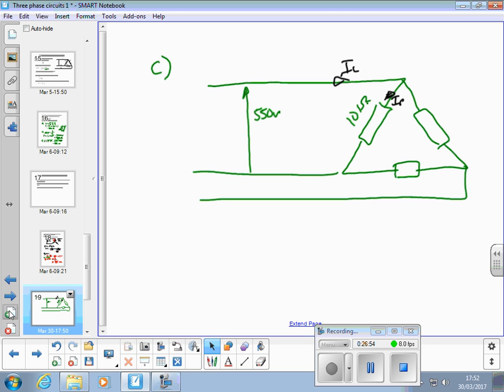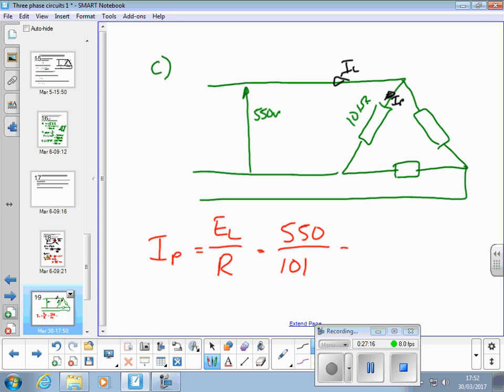So can we not calculate IP from EL over R, 550 over 101 equals 5.45 amps.